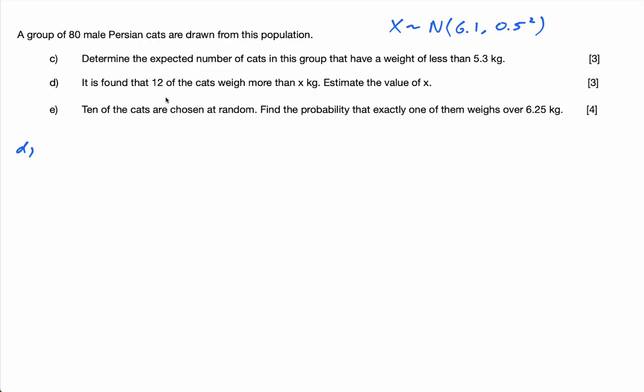So this is an inverse normal question, but they don't give us the probability, they give us the number of cats. So I need to find out, well, what probability or what percentage of cats is the 12? What percentage is 12 out of 80? So what I need to do is do 12 out of 80 times 100. That's to find what percentage of the cats weigh more than this.